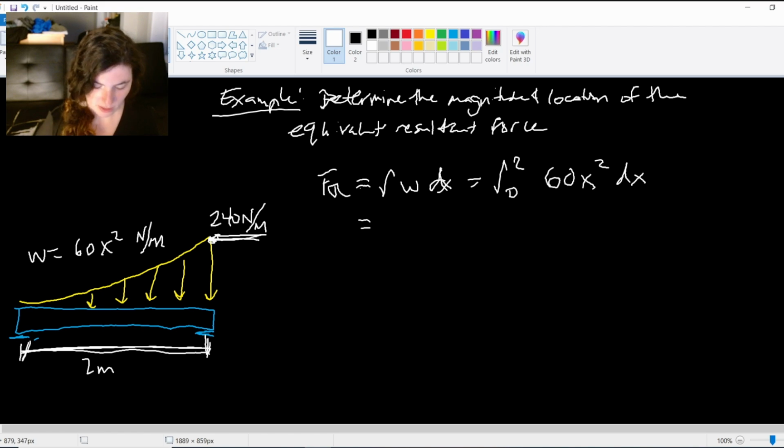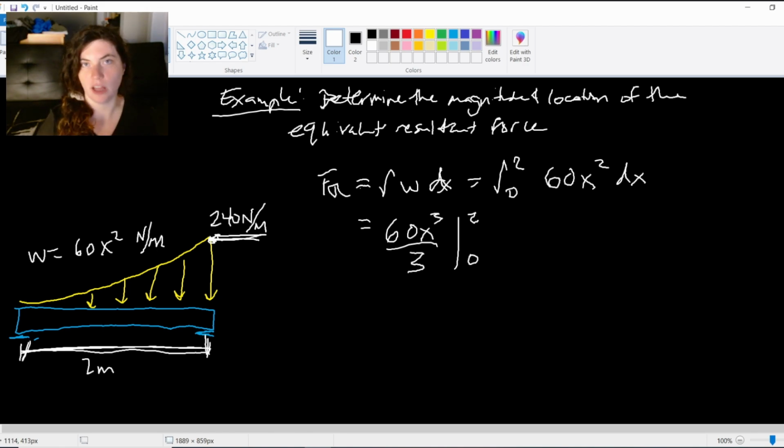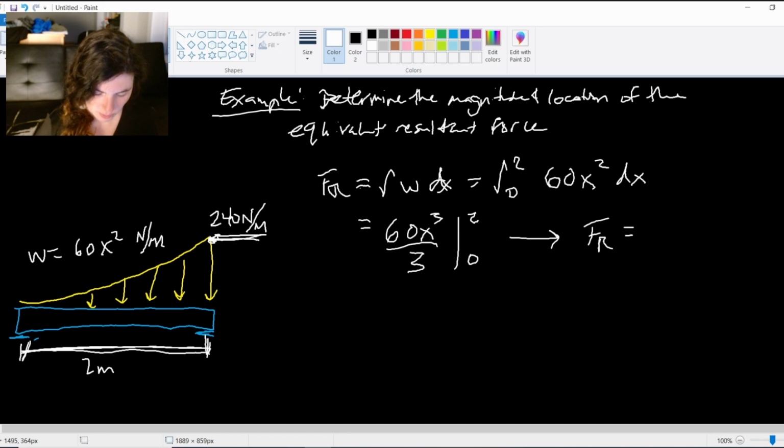When I take that integral, I get 60x cubed over 3 from 0 to 2. Then I evaluate: the 0 term goes to 0, and my resultant force is 60 times 2 cubed over 3, which is 160 newtons.